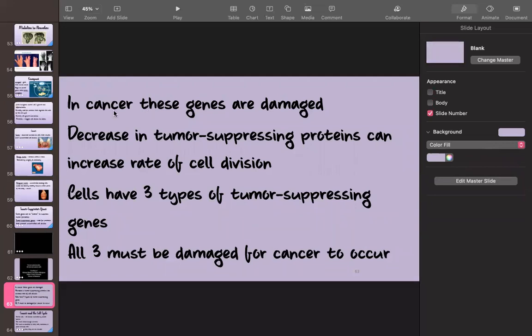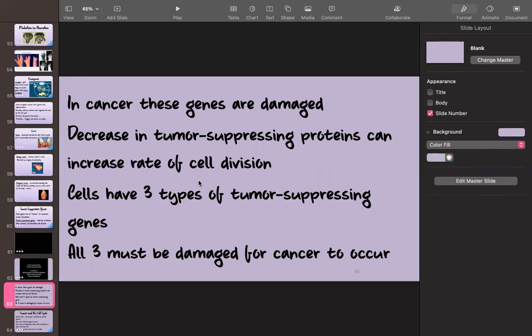So in cancer, the genes for tumor suppressor proteins are damaged. So you don't have these regulatory proteins going around in the body and making sure that you have the cancer cells in check. Cells have 3 types of tumor suppressing genes, and all 3 must be damaged in order for cancer to occur. So like I said, it's a complicated thing.